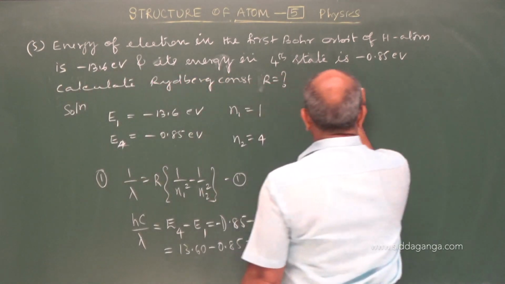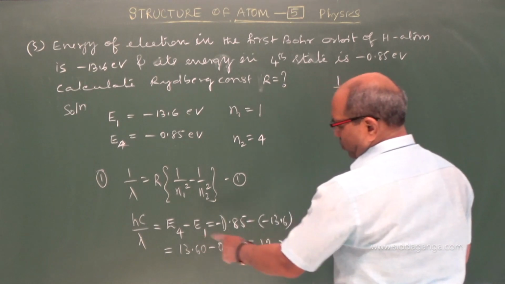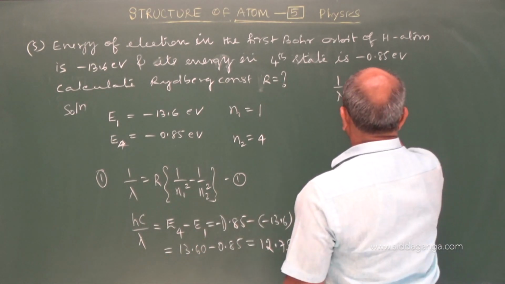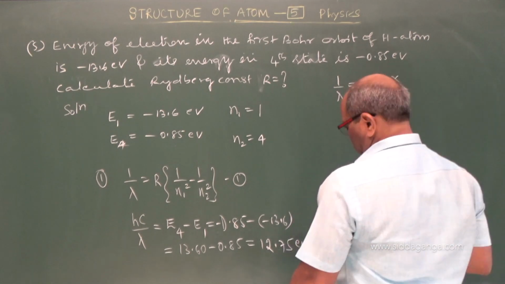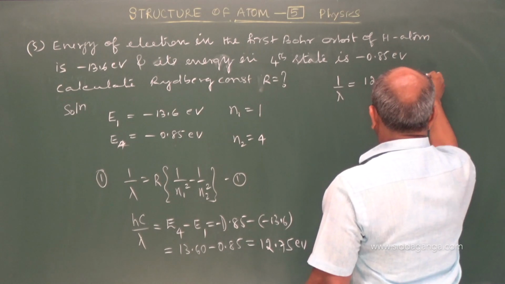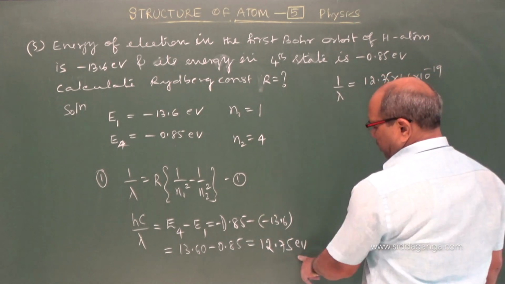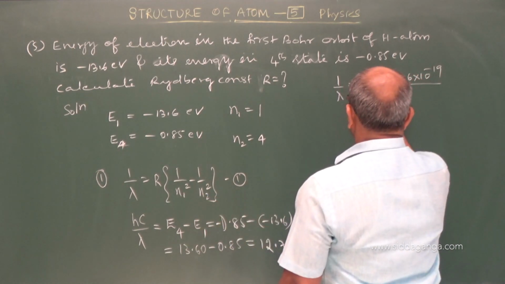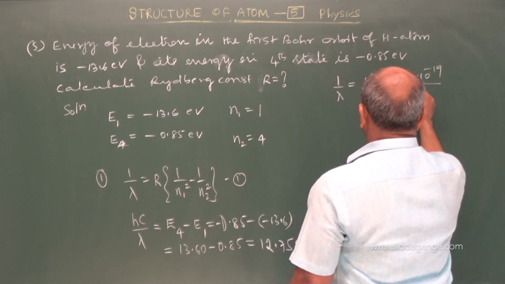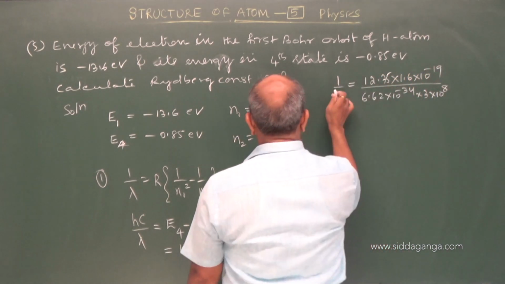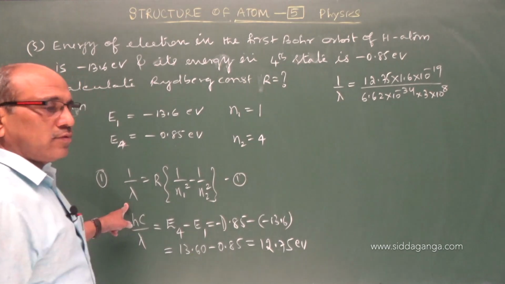Therefore, 1 by lambda has numerator 12.75 into 1.6 into 10 power minus 19, converted to joules, divided by h, which is 6.62 into 10 power minus 34, into 3 into 10 power 8. This is the value for 1 by lambda.